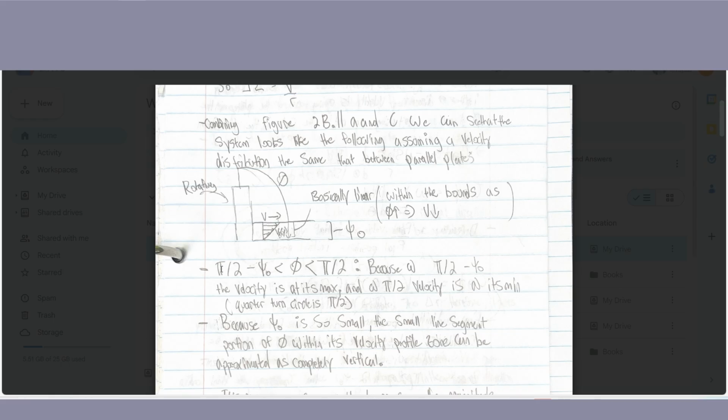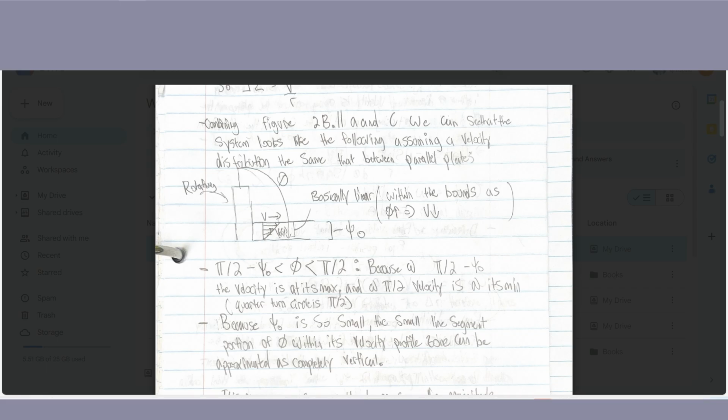So theta goes up to pi over 2 minus that trident. That's because this distance all the way to this non-moving surface is pi over 2, and this height here is trident radians.